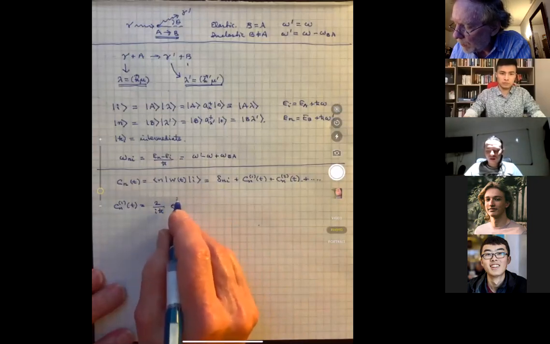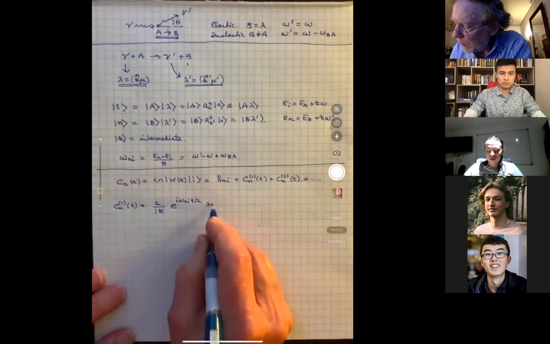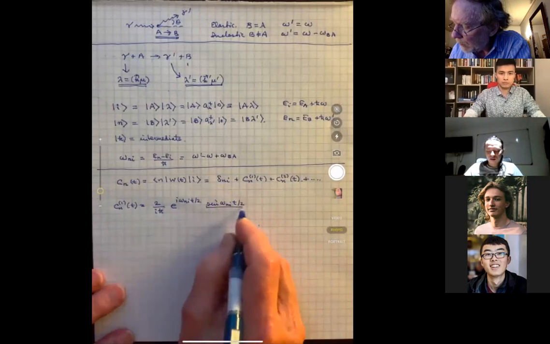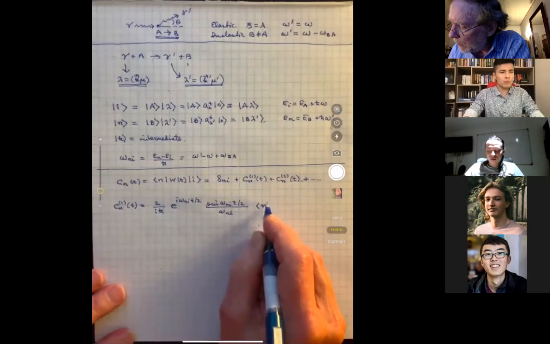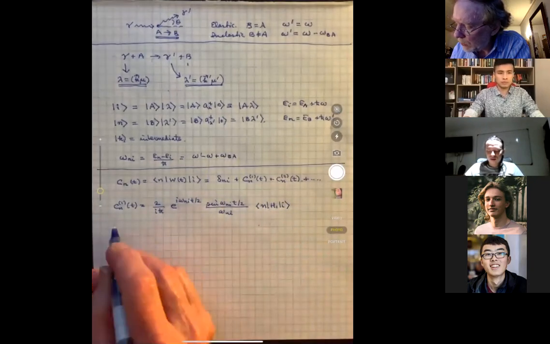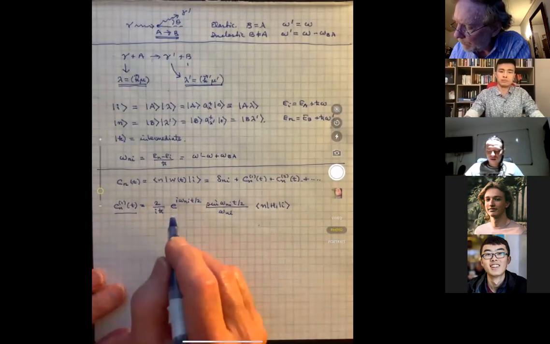It's e to the i omega ni t over 2 times sine of omega ni t over 2 divided by omega ni. And then this has been multiplied by the matrix element connecting the initial and final states, which is taken in the Schrodinger picture.